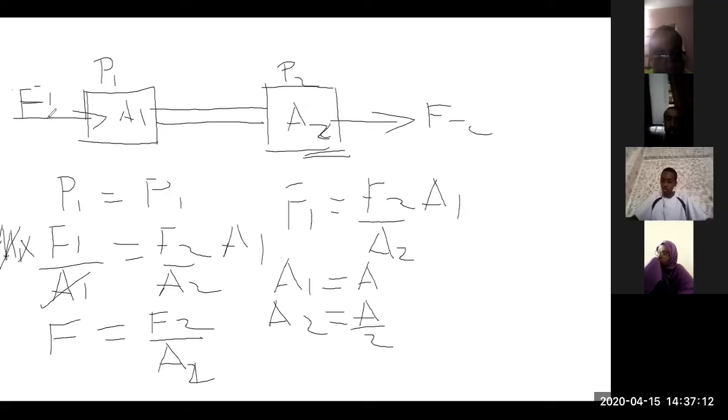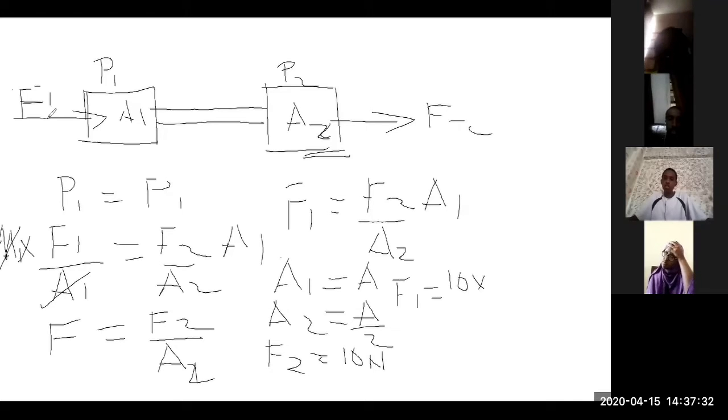So we are determining the force necessary to keep the system in equilibrium. We have force 2 being equal to 10 newtons. Substituting there, force 1 is equal to 10 times area 1, which is A, over area 2, which is A over 2.